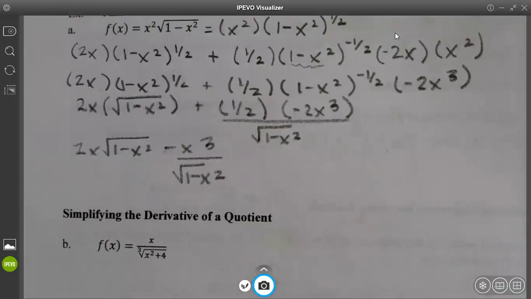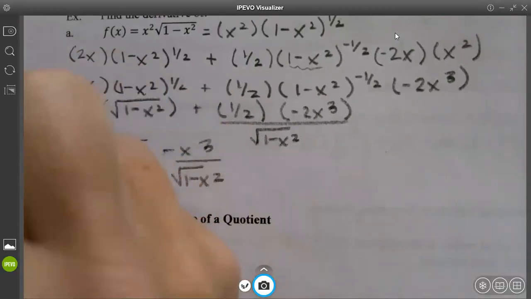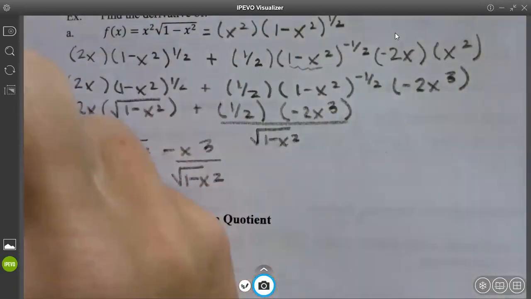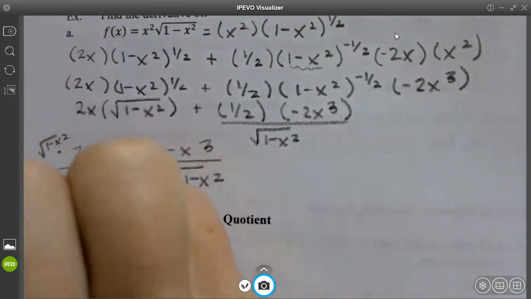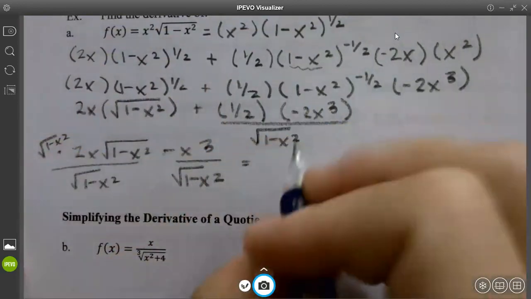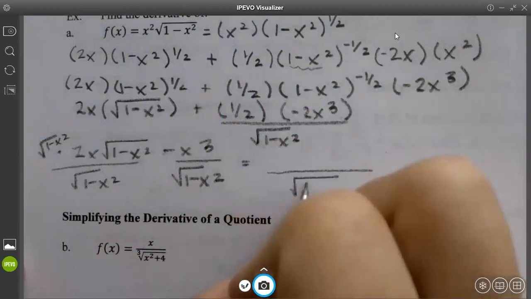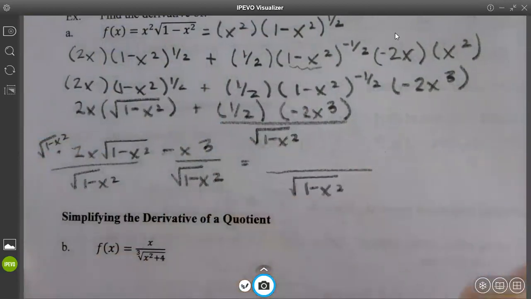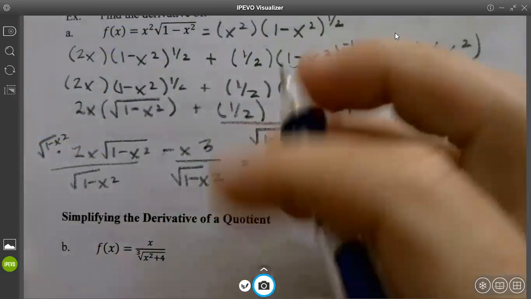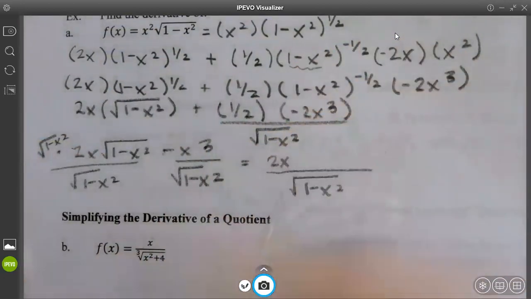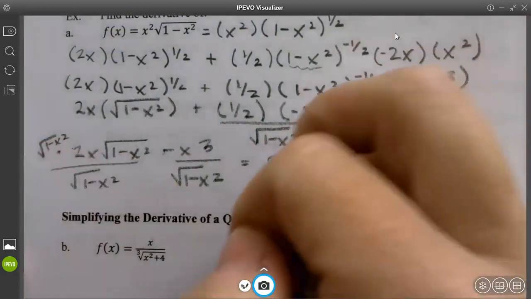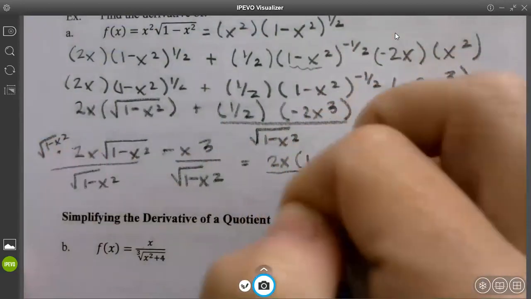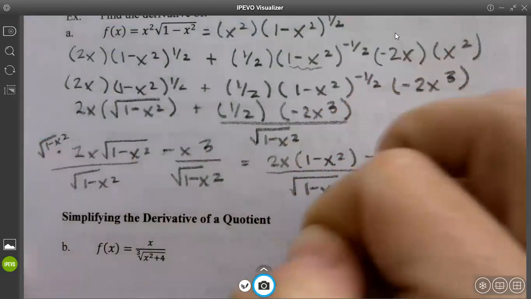Because they're fractions, one of them is a fraction, I need to be able to subtract them, so I need this multiplied by the square root of 1 minus x squared, so that I can put it on the bottom here. So that would give them a common denominator of 1 minus x squared. The 2x, what happens when you multiply these two square roots? 1 minus x squared minus x cubed.